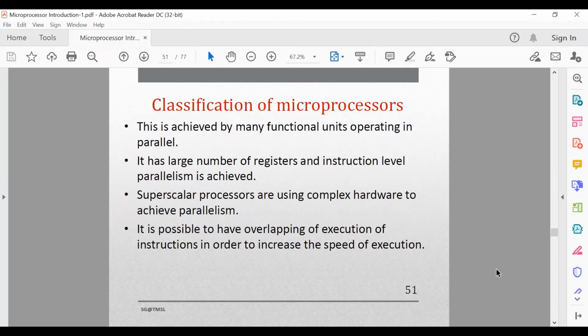So within the same time interval, one instruction is executed, another instruction is decoded, and another instruction is fetched. So parallel processing is there, and parallelism is used to maintain this.